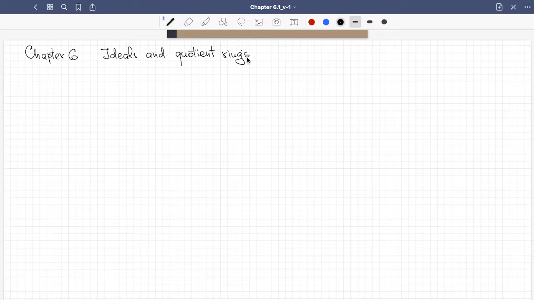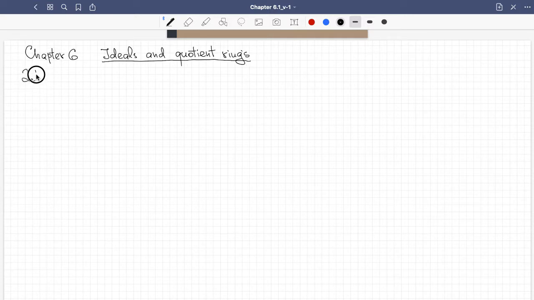To start with, let me recall something from chapter 3, where we already started to study general rings.